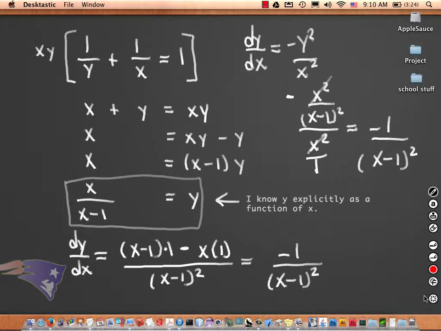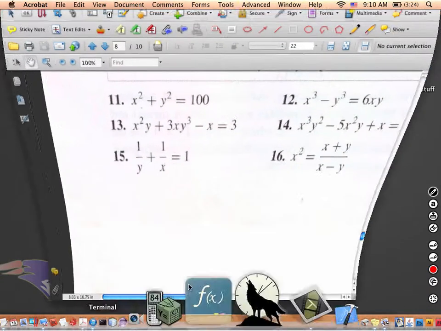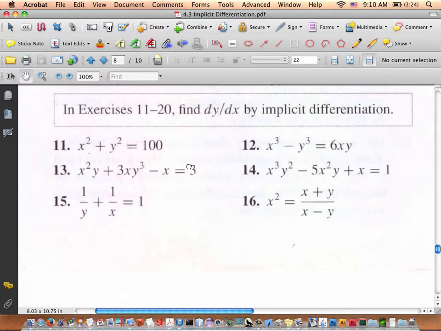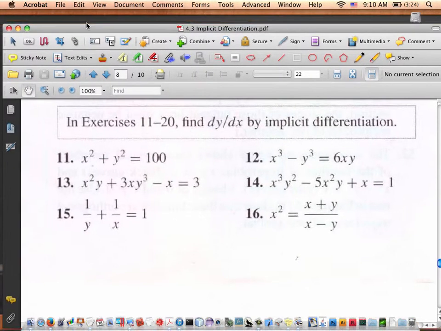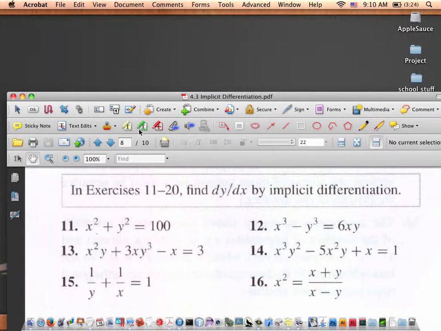Okay? All right, let's take an example where we can't know, by the way. Here's an example where we can't know y as a function of x: x squared y plus 3xy cubed minus x equals 3. Y cannot be solved with any of the techniques that we know. You've got a cube here and y to the first here.